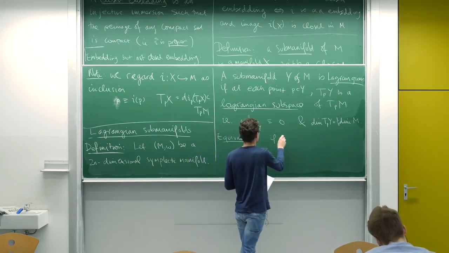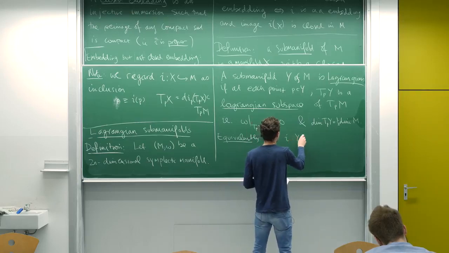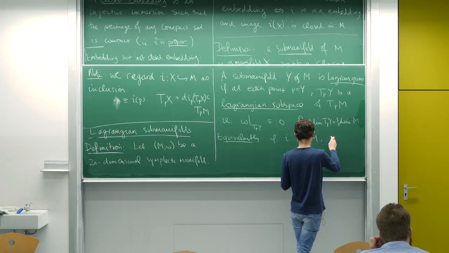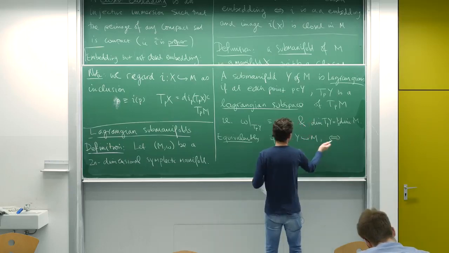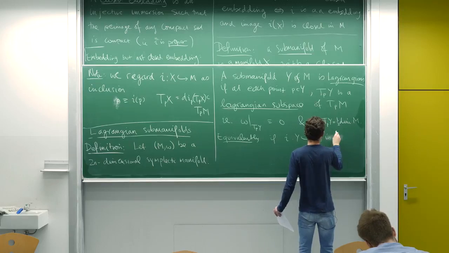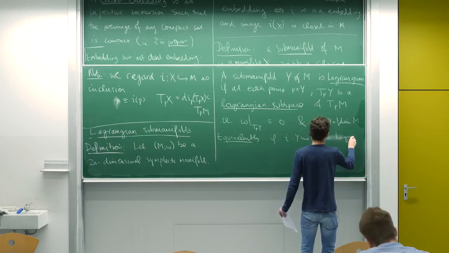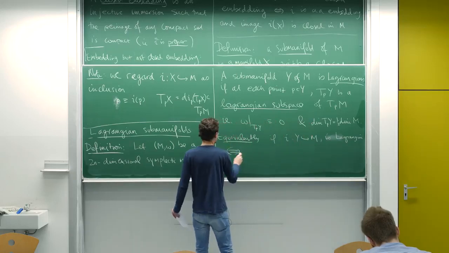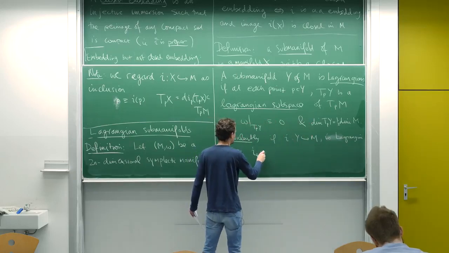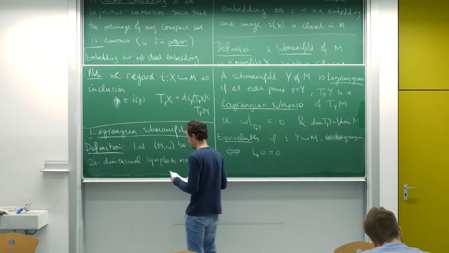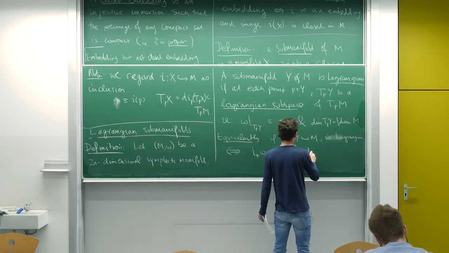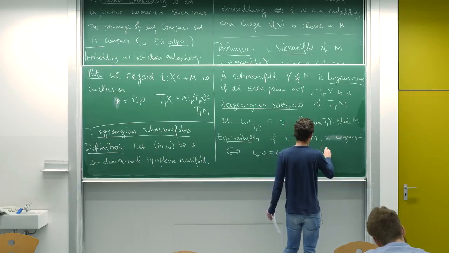Equivalently, if you have some inclusion of Y in M, then it's Lagrangian if and only if the pullback of the symplectic form is just nothing, and the dimension result.